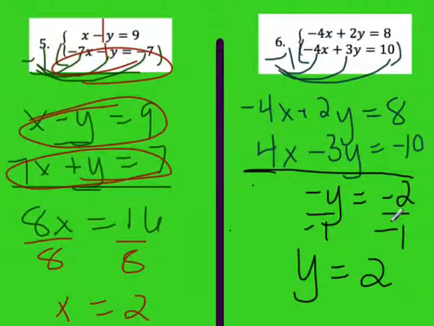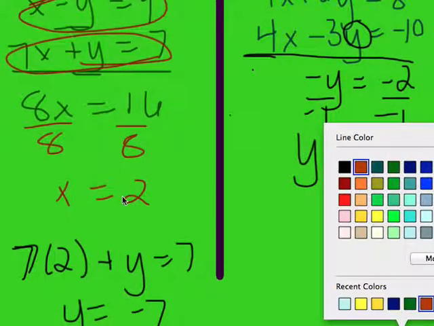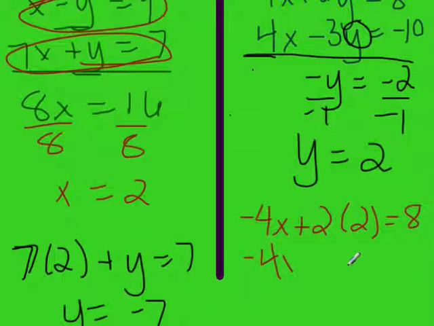Well, now I know that y is equal to a positive 2, so I see y here, here, or even here, I can plug it in for y. I'm going to plug it into the first one. So I'm going to keep my negative 4x the same. I'm going to substitute out my y and put in a 2, and then everything else is going to stay the same. So I get negative 4x plus 4 is equal to 8.